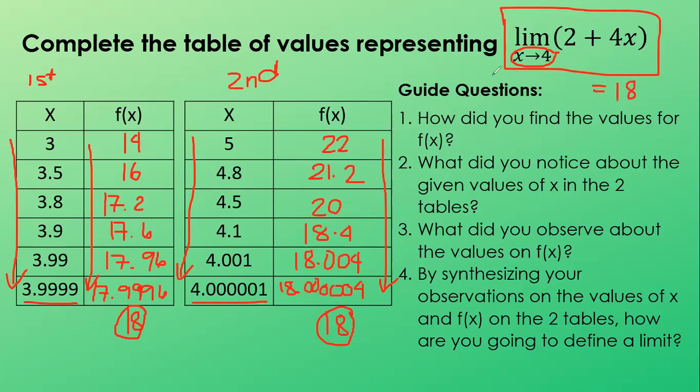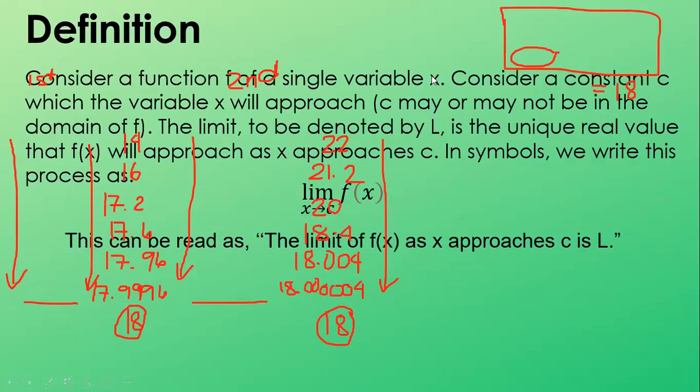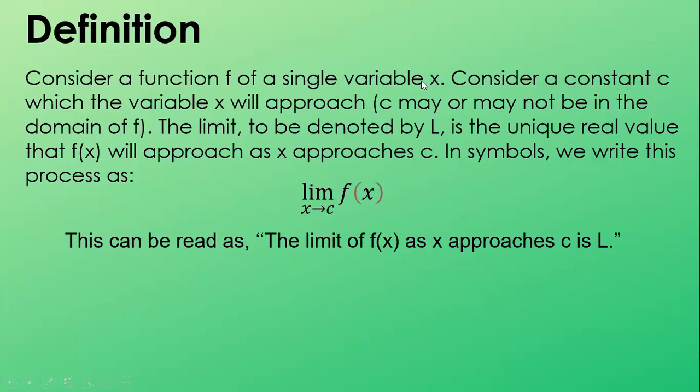Okay? So, now let's define the limit. Consider a function of a single variable x and consider a constant c which the variable x will approach. The limit to be denoted by L is the unique real value. Okay, so this is the definition of the limit.